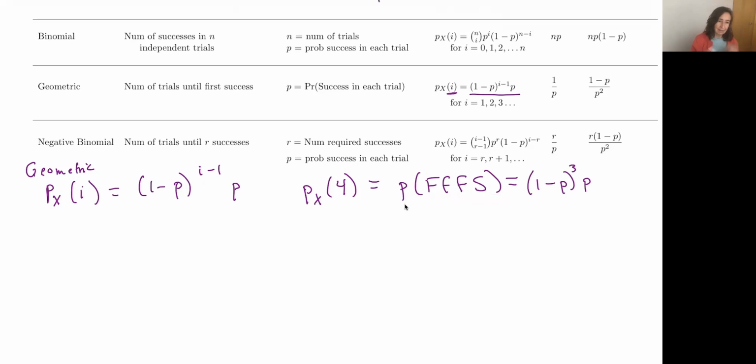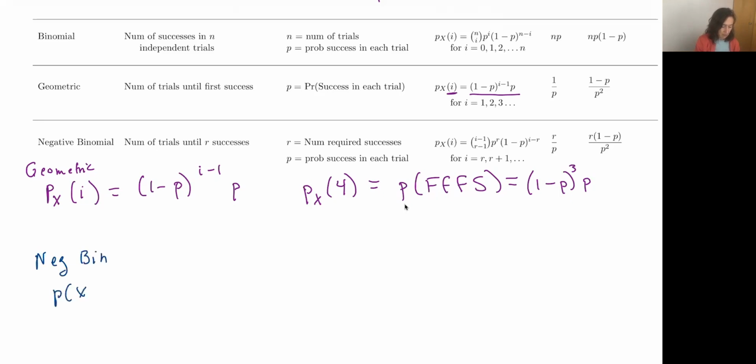The negative binomial is a little more complicated. It's generalizing the geometric random variable. So the negative binomial asks, how many trials do you need to get R successes? And I think the idea behind using the letter R is it's a required number of successes. And that probability is a little bit hairier. Let's take a look at it.